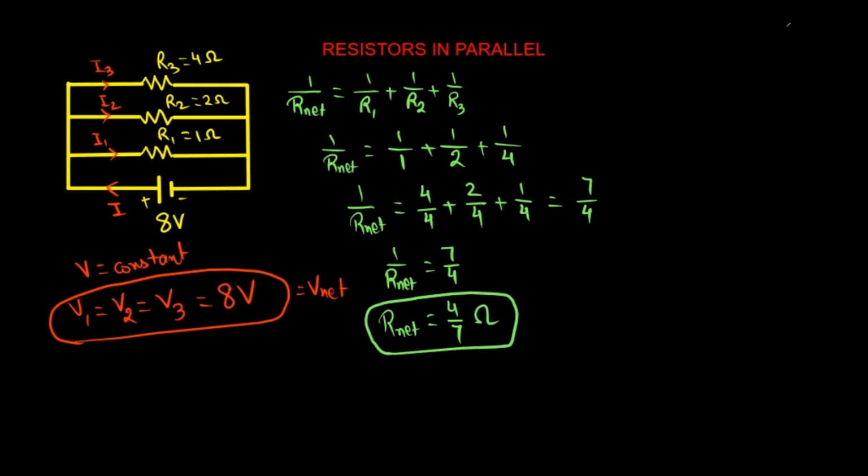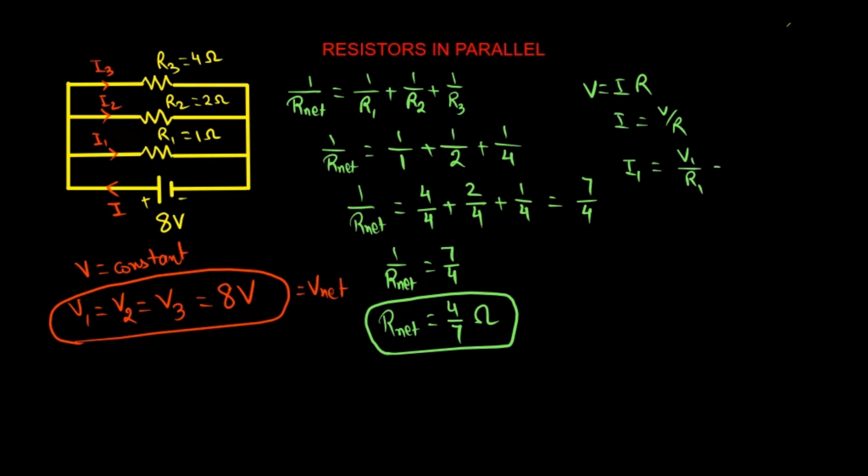Now, we know Ohm's law, V equals IR. So I would be equal to V over R. To find the current across the first resistor, I1 would be V1 over R1.